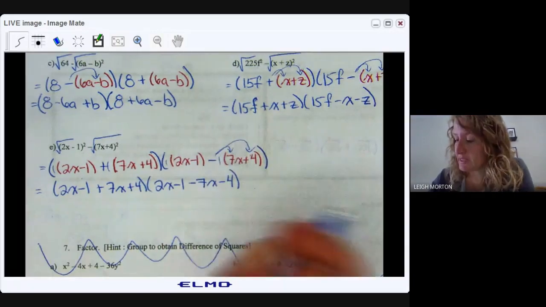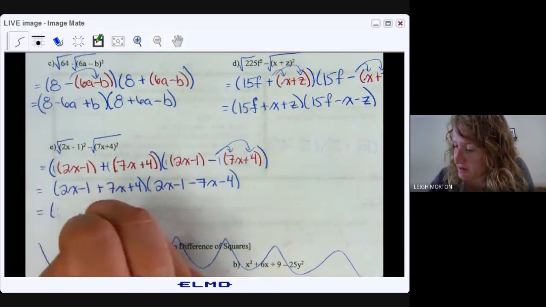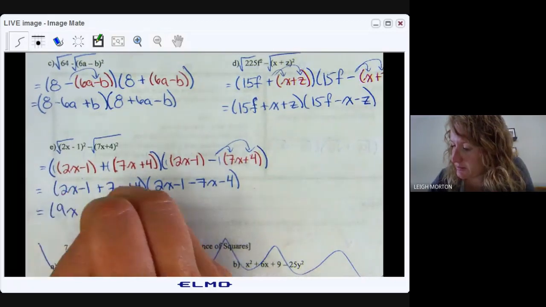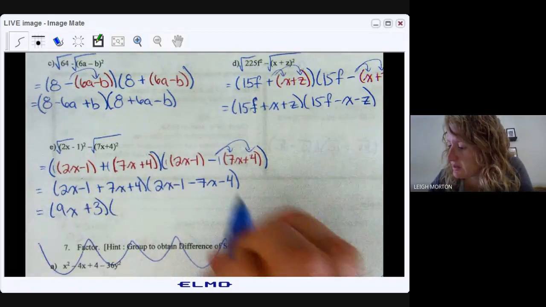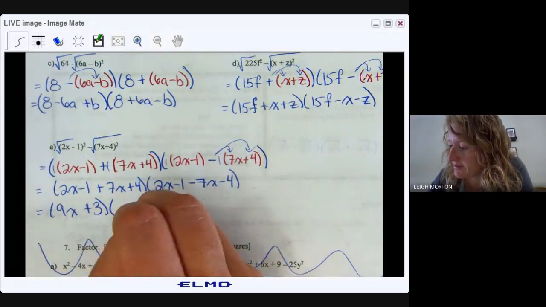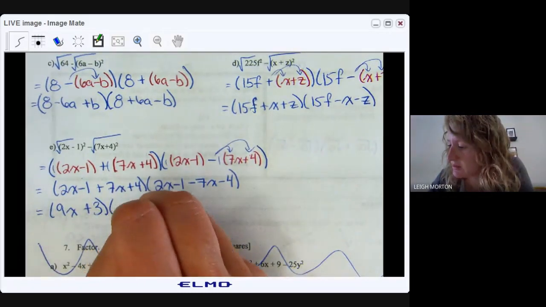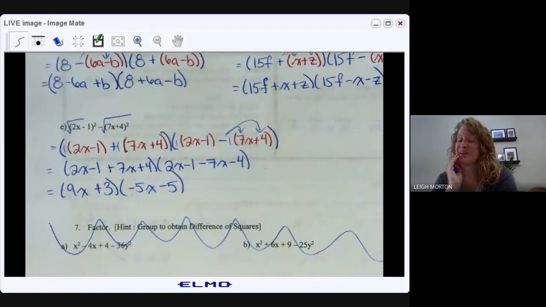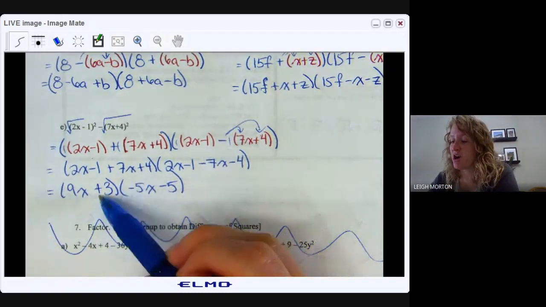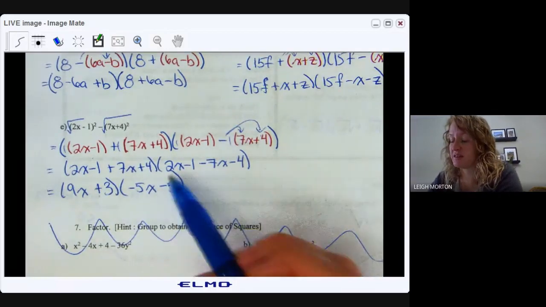And I simplify what's inside the brackets. So 9x minus 1 plus 3, negative 5x minus 5. Ooh. Now this goes a step further. Interestingly, I see there's still common factors within both of these.